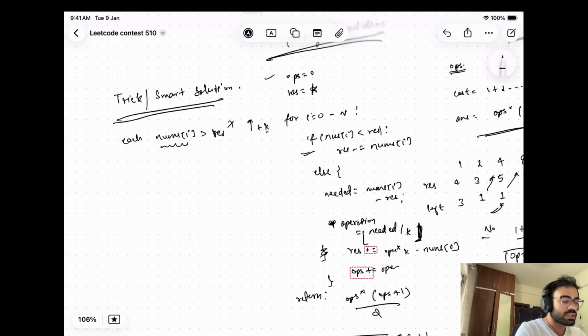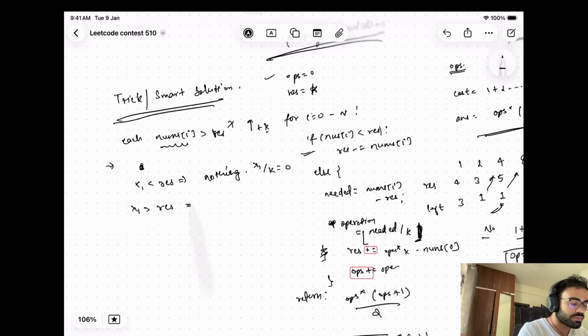Since we check for every element, can I do it like this? Let me say this is x1. If it's less than resources, we do nothing. So what is the value of x1 divided by k? 0. If x1 is greater than resources, we increase till it becomes greater than k.